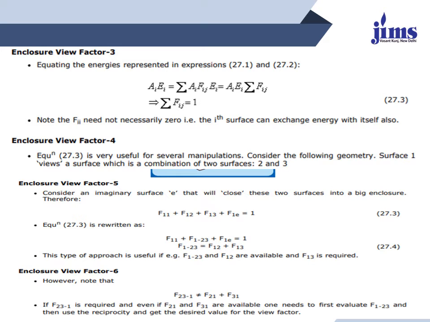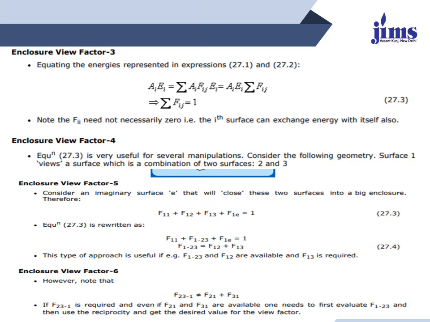Consider an imaginary surface E that will close the two surfaces in a big enclosure. Mathematically, F11 plus F12 plus F13 plus F1E is equal to 1. It means the summation of one body with respect to all the other bodies is equal to 1.